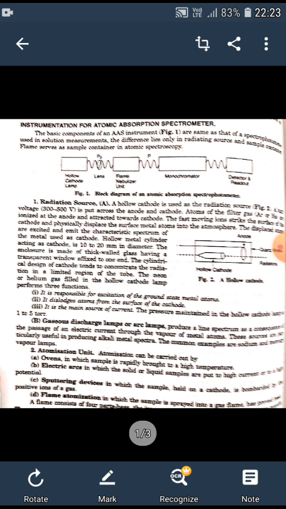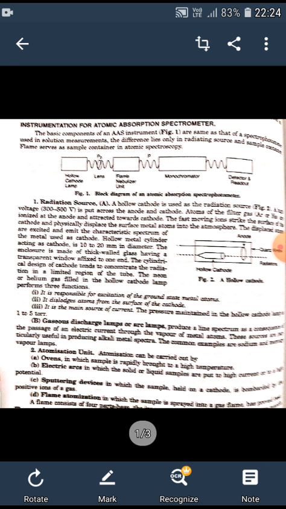A hollow metal cylinder acts as a cathode and is up to 10 to 20 millimeters in diameter. The enclosure is made up of thick walled glass having a transparent window fixed to one end. The cylindrical design of the cathode tends to concentrate the radiation in a limited region of the tube.